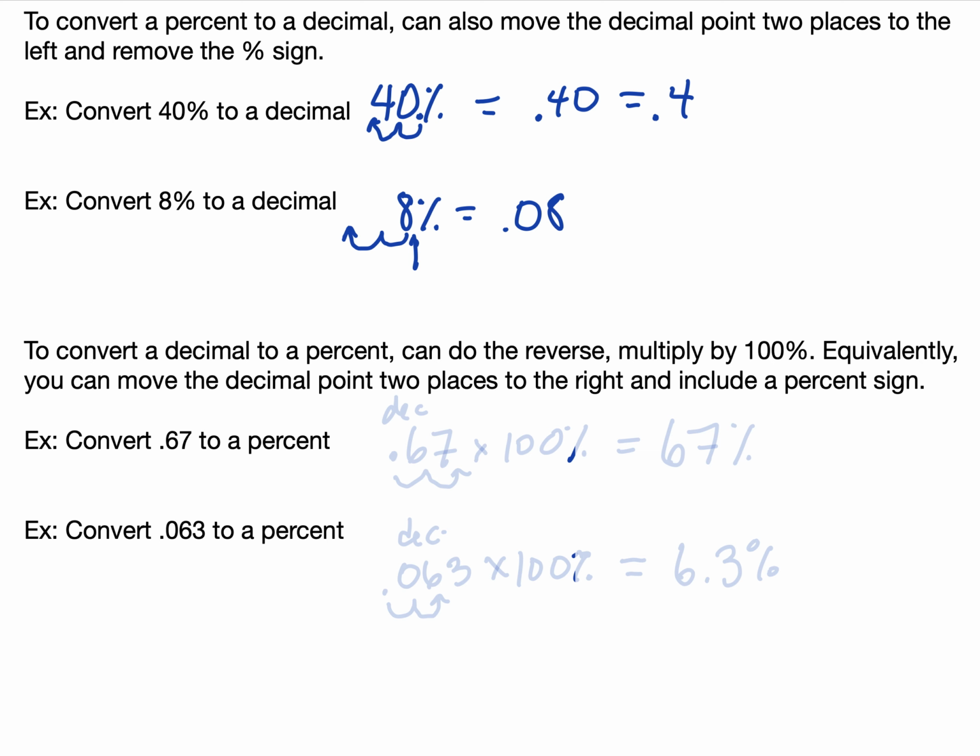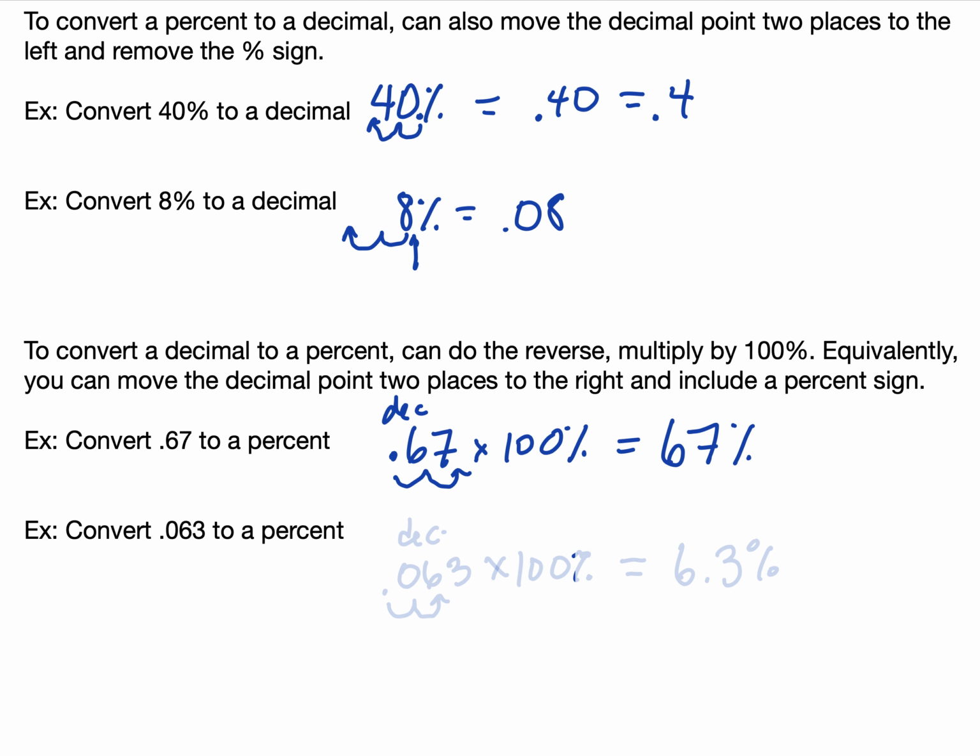So if we want to convert 0.67 from a decimal to a percent, then we could multiply it by 100%. And when you multiply by 100, you are moving the decimal place 2 places to the right, 67, and adding a percent sign.